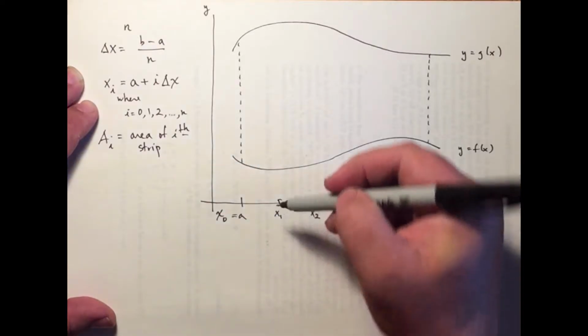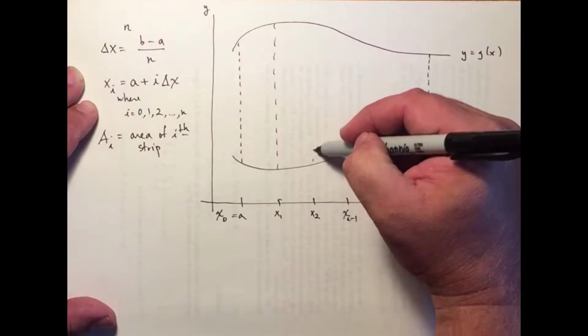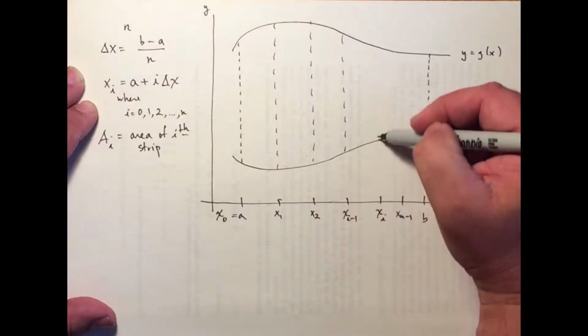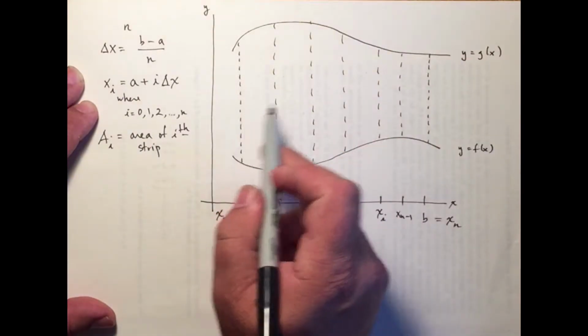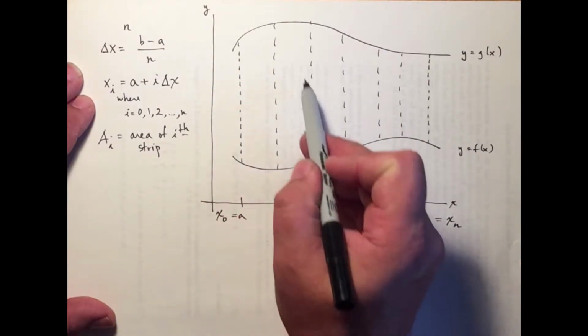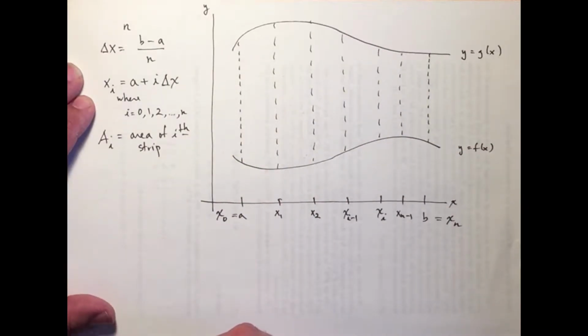That is to say, each of these partition points slice our area of interest. And each of these is a strip. So the area of this strip would be A_1, the area of this strip would be A_2, and so on until we get down here to area A_n.